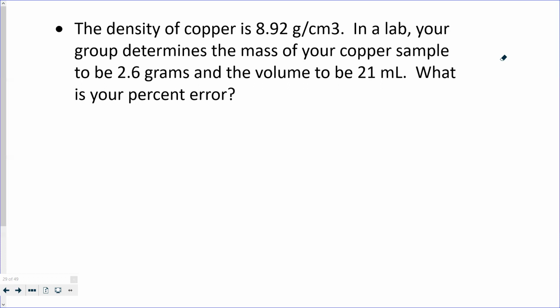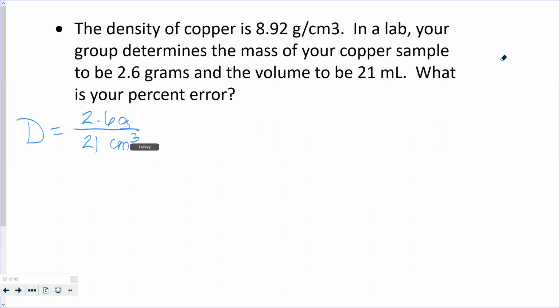So here we're wanting to find percent error of that density. But what we measured in lab was the grams and volume. So we need to find density based off of our lab data. With our lab data, the density is our mass, 2.6 grams, divided by our volume, which is 21 milliliters or cubic centimeters.